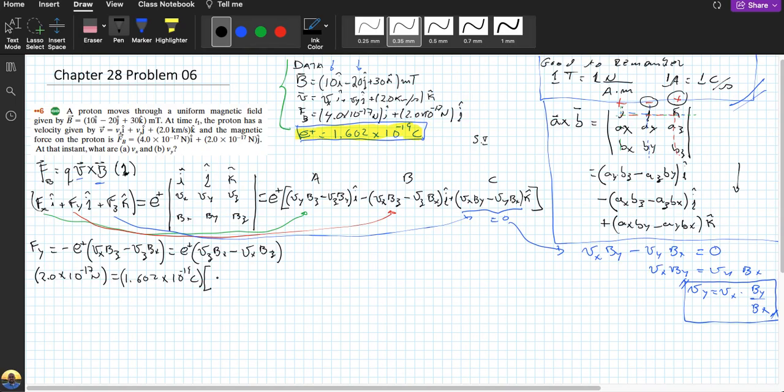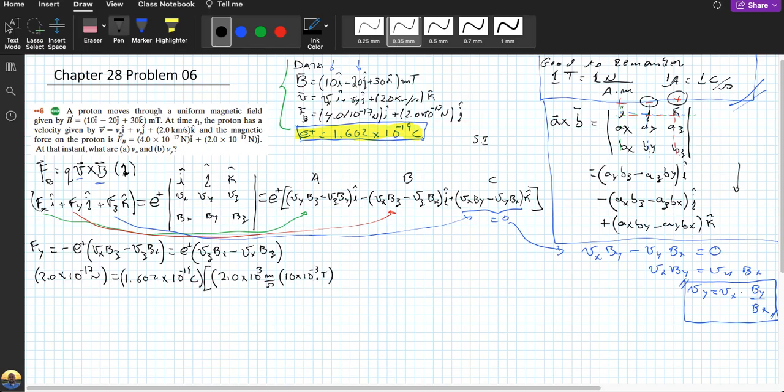So because of that, what we have here for Vz times Bx will be 2.0 times 10^3, because k means 10^3, meters per second. I'm sorry, it's Vz times Bx. Who is your Bx? Bx is just 10 milliteslas. So what you're going to need to multiply is 10 times 10 minus 3 teslas.